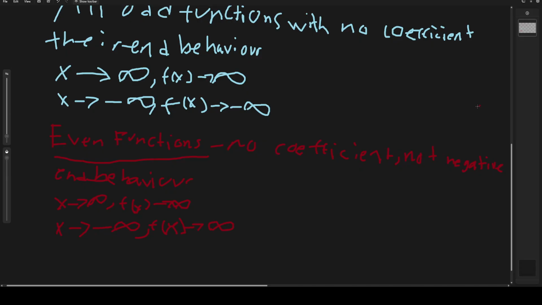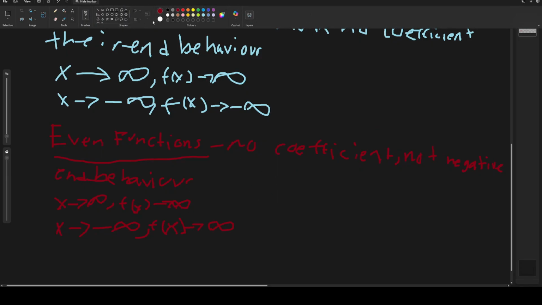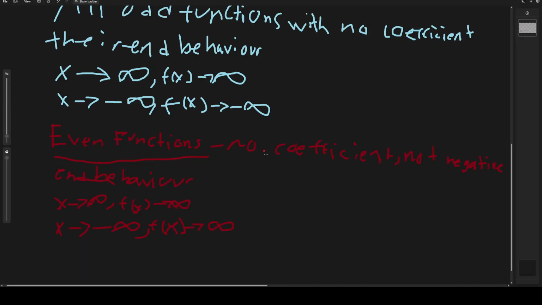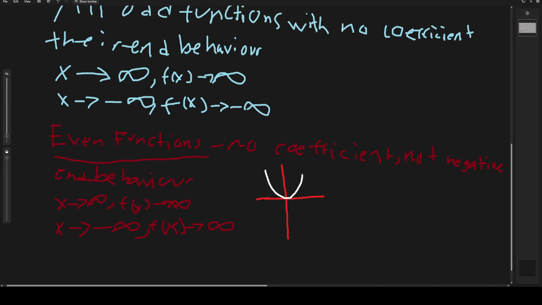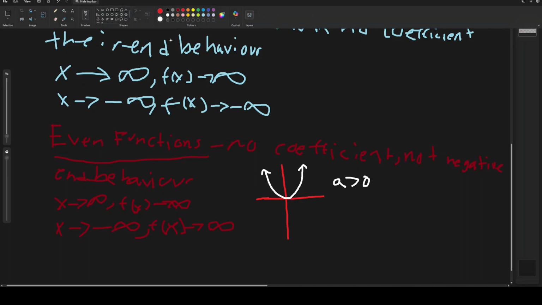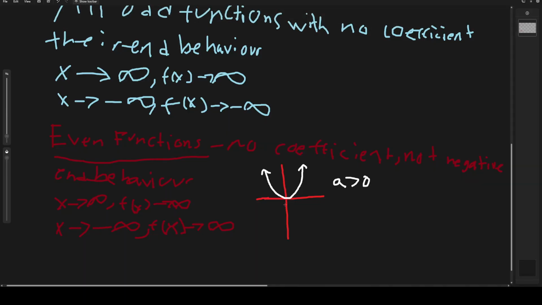Obviously, if this flips, instead of looking like a parabola, this is what the normal parabola looks like, right? So when a is greater than 0. But if we have something like this, a is less than 0.